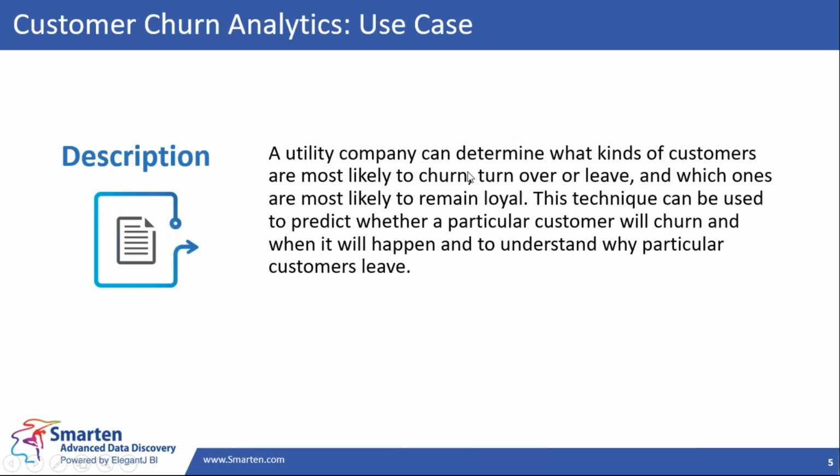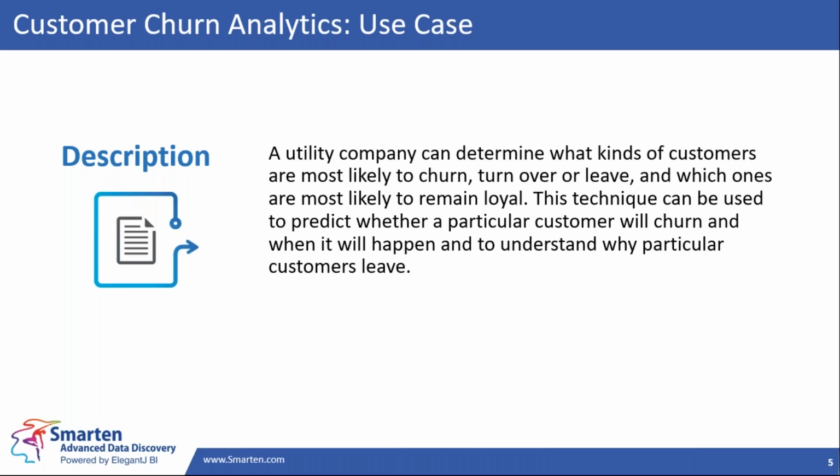The use case is customer churn analytics, for which we have picked a utility company. That utility company wants to know what kind of customers are most likely to churn, and which ones are most likely to remain loyal.